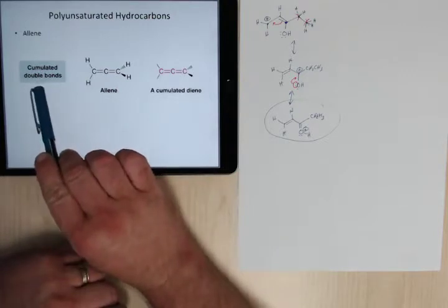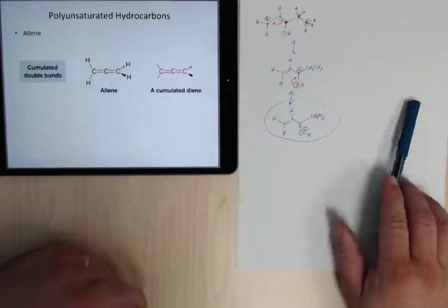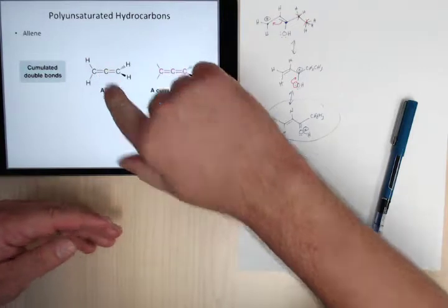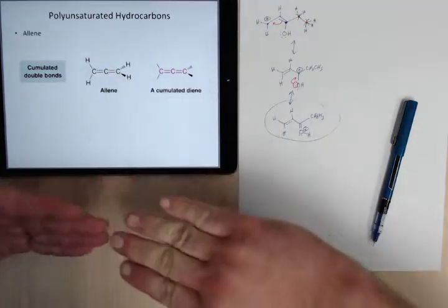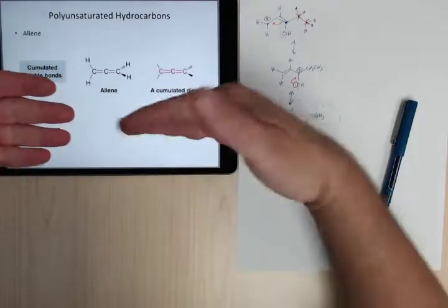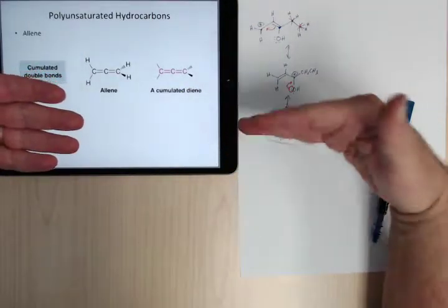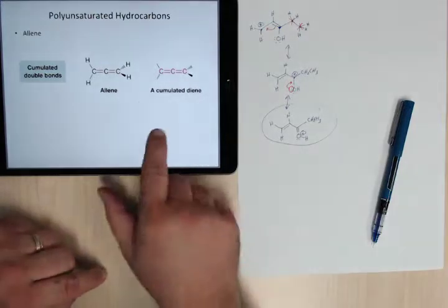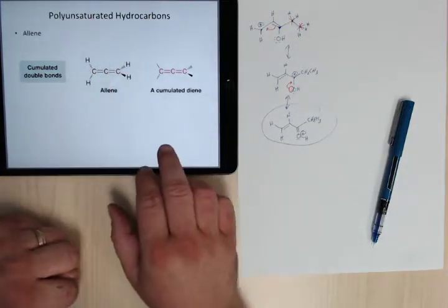Now you can do the allene. So the accumulated double bonds have a certain structure, and how the orbitals are put together is like this. These 2 are in the plane, and these 2 hydrogens are out like this. So it's kind of a cool little structure. You'll see this called an allene.